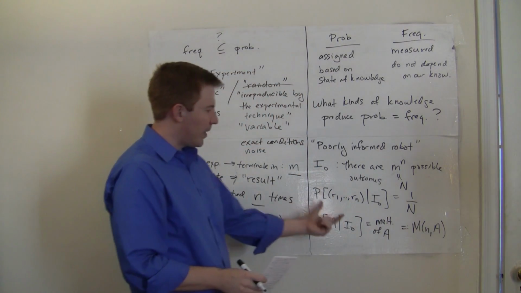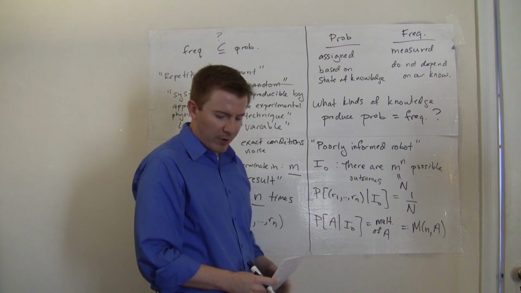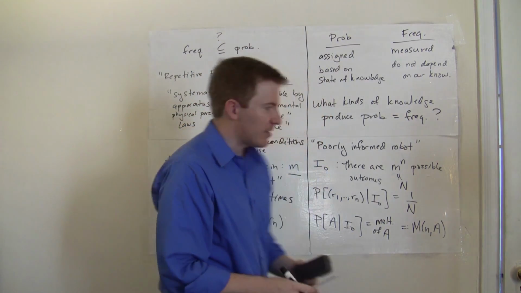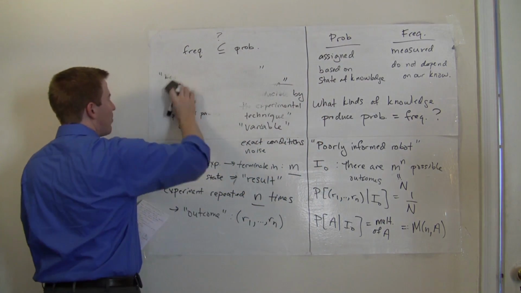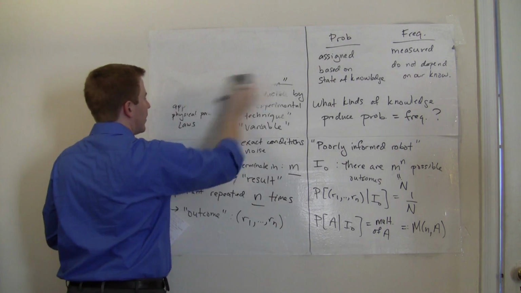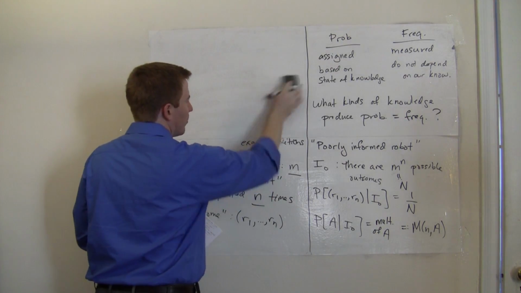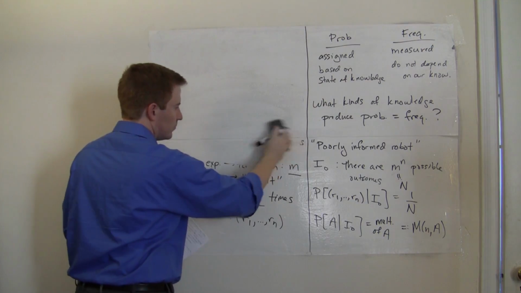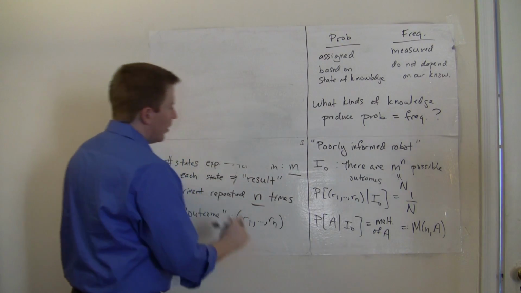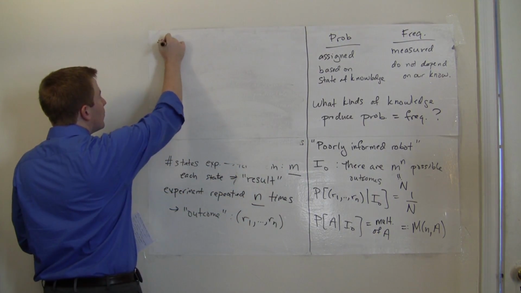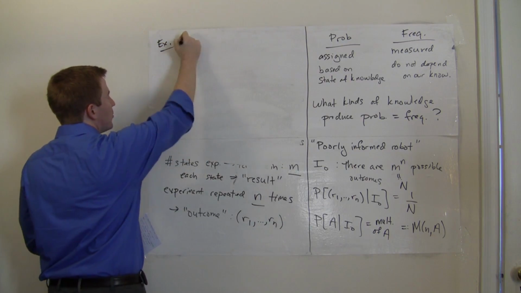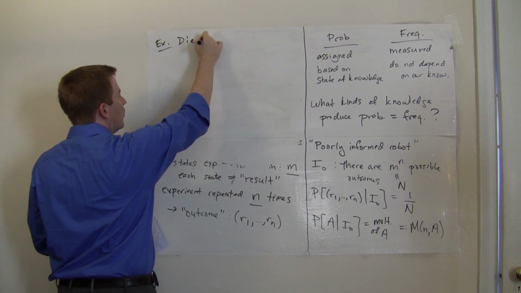So we're going to need to be able to count up things like the number of ways different events can happen. Now let's do an example to make this hopefully a bit more clear. Let's say that we're doing a die roll.